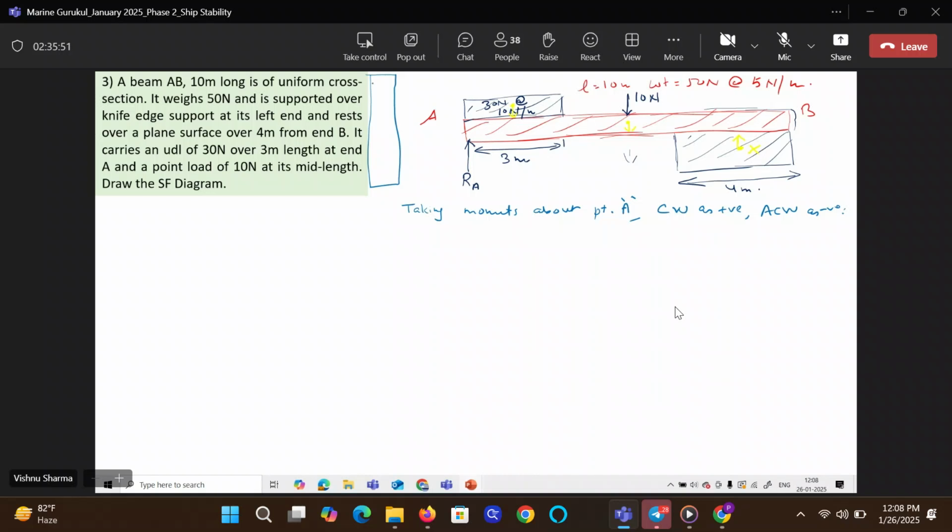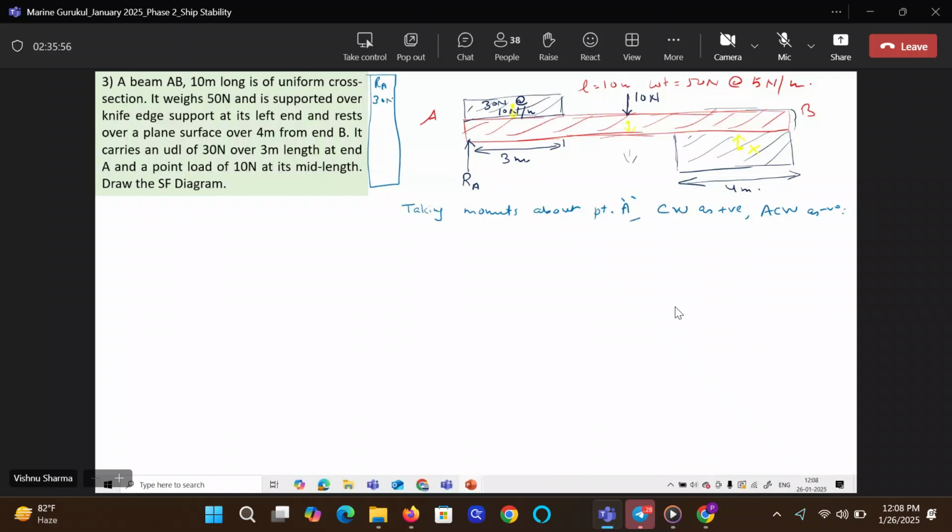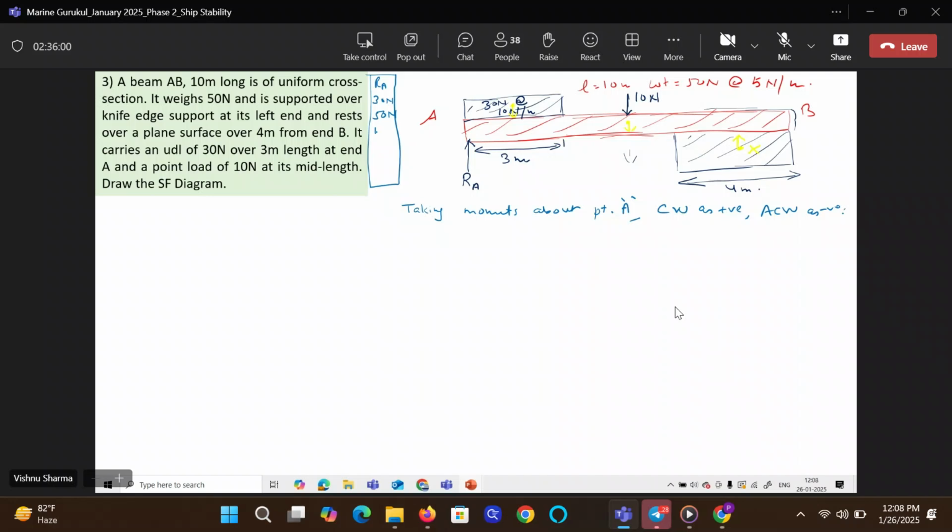Very good. One is RA, then other is 30 newtons, other is 50 newtons, the weight of the beam, another is 10 newtons at mid length, and last is the reaction at X. These are the 5 forces, and I'll have to take moments of these 5 forces. I list them so that I don't miss out any force.